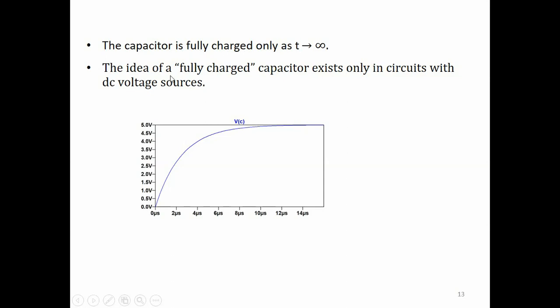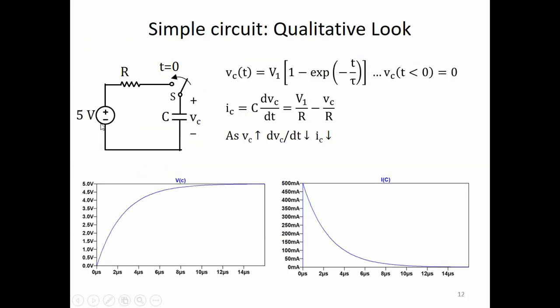The other very important thing to remember is that the idea of fully charged capacitors exists only in circuits with DC voltage sources. So we have a voltage source, resistor, capacitor. The resistor is always there. Then you talk about a capacitor becoming fully charged, because fully charged means the capacitor acquiring the voltage source voltage.